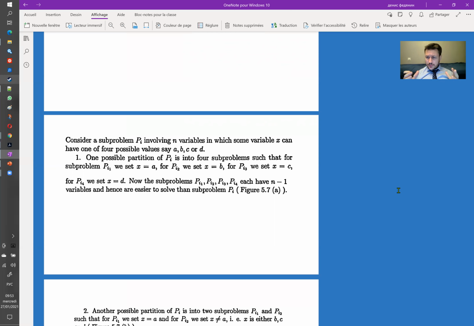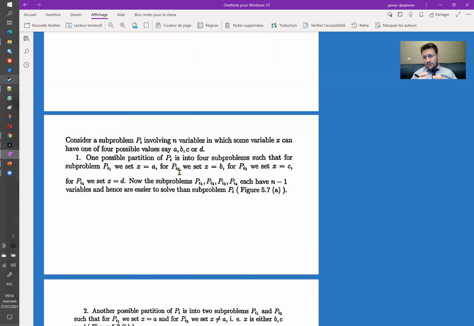So we need an algorithm, an idea for partitioning. Some of them are listed here. The first one is the idea that if we have this problem, we set x equals a. So we just hold this value, and we try to solve this problem assuming that x equals a.